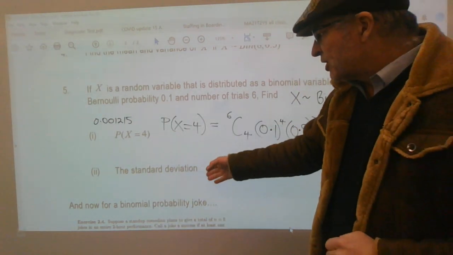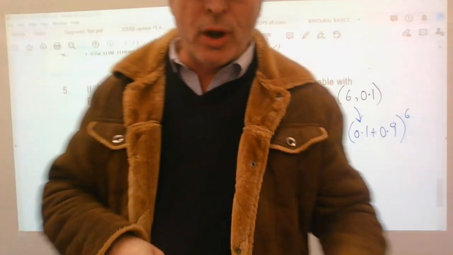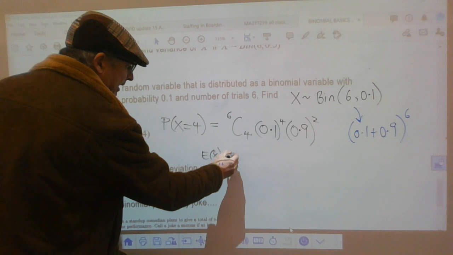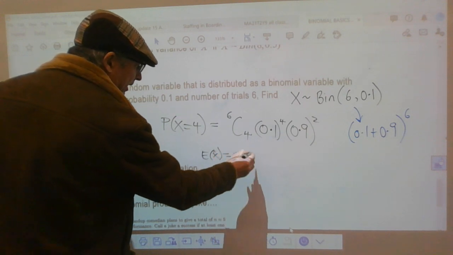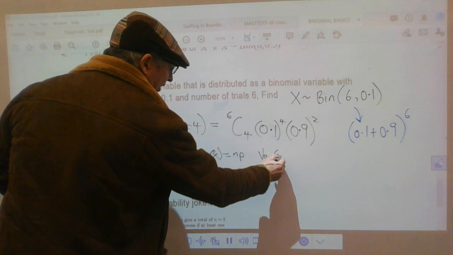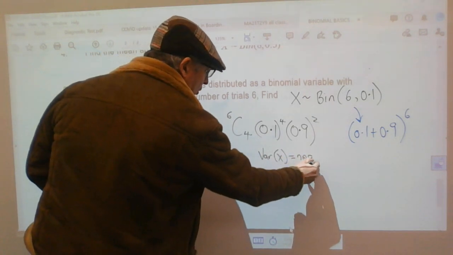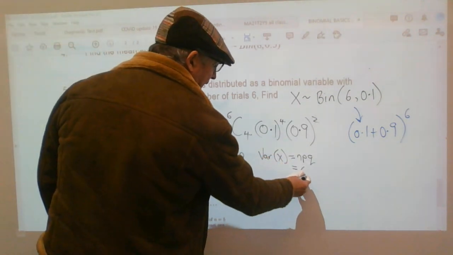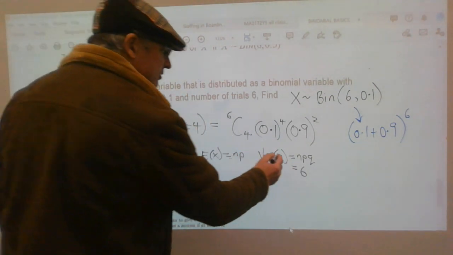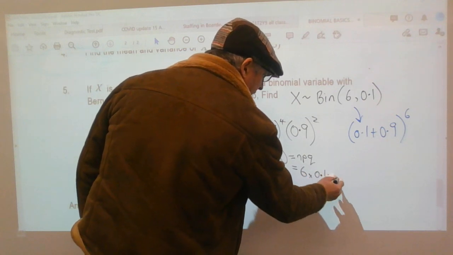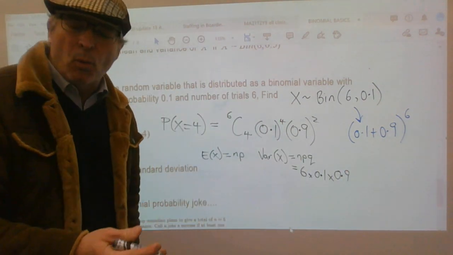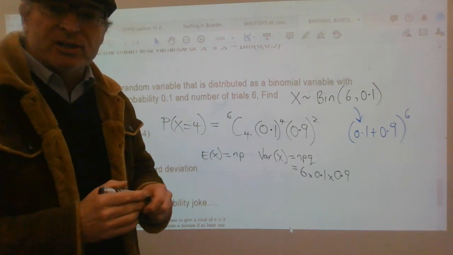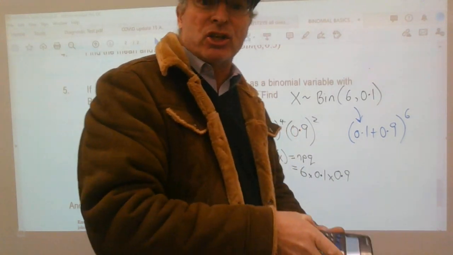The standard deviation. Now, you know the formulas that the expected value is NP and the variance of x is NPQ. So I can work out the variance first of all, because that's N, 6 trials, times P, which is 0.1, times my Q, which is always referring to 1 minus P. That's the variance, and we want to square root that to get the standard deviation.